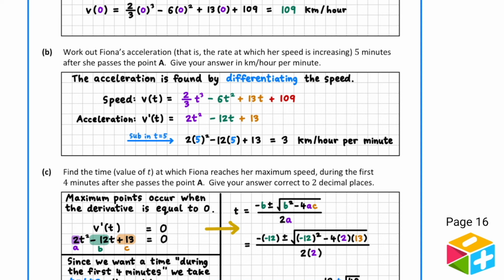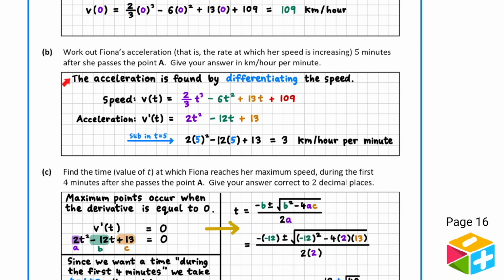In part B, we must work out Fiona's acceleration 5 minutes after passing the point A. Acceleration can be thought of as the rate of change of your speed. Differentiating a function allows us to find the rate of change.